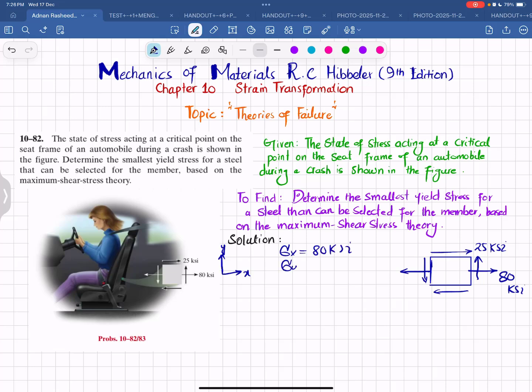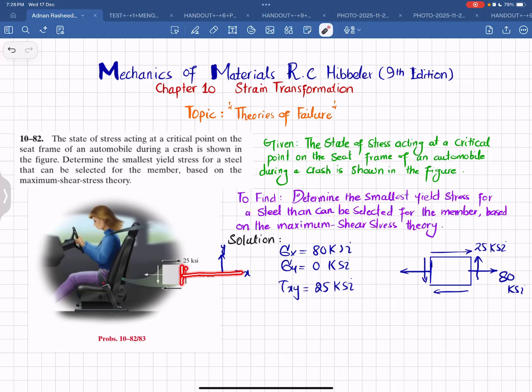Also on the y-axis there is no stress, so sigma y is 0 ksi, and we have tau xy equal to plus 25 ksi. Why is it tau xy? Because this plane is perpendicular to the x-axis and the shear stress acting on it is in the direction of y. X represents the plane on which this shear stress acts, and y in the positive direction, so that's why this is positive.